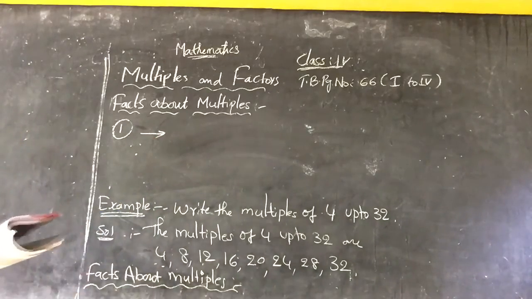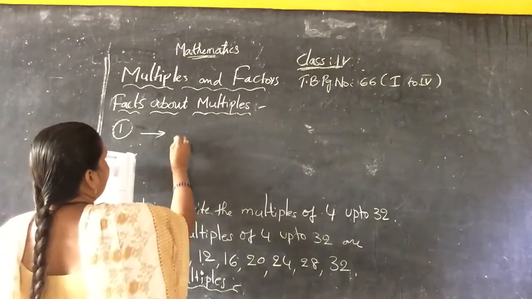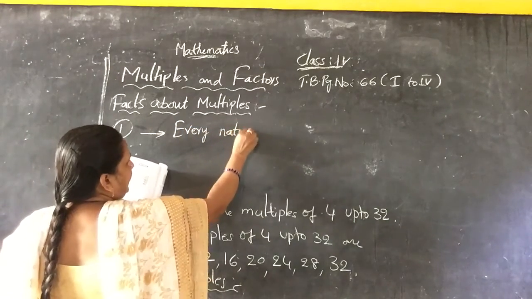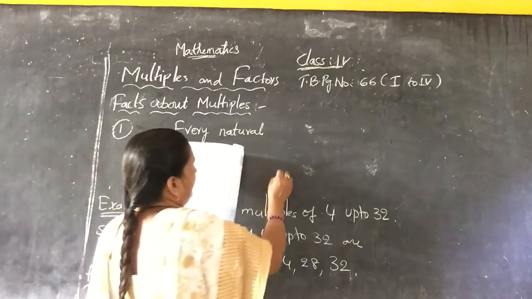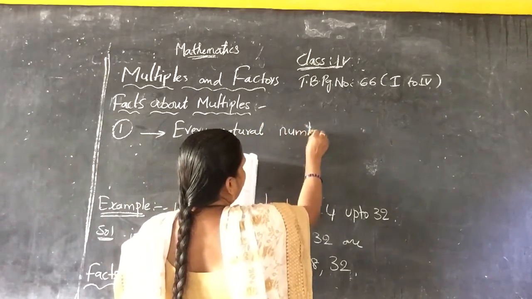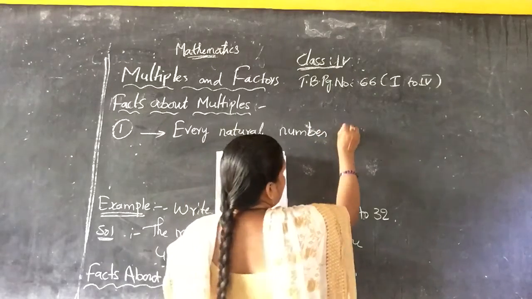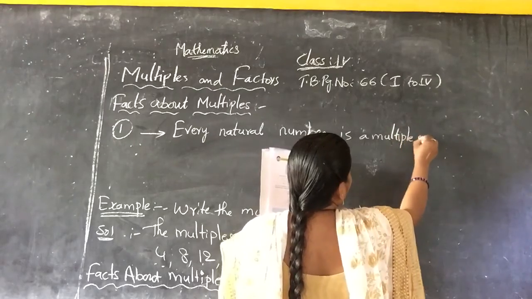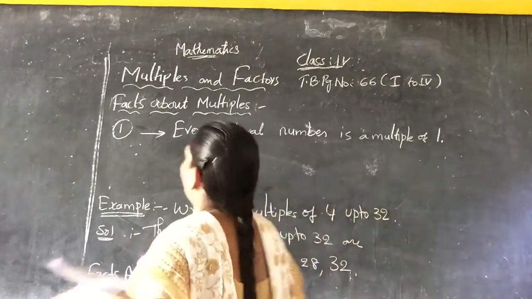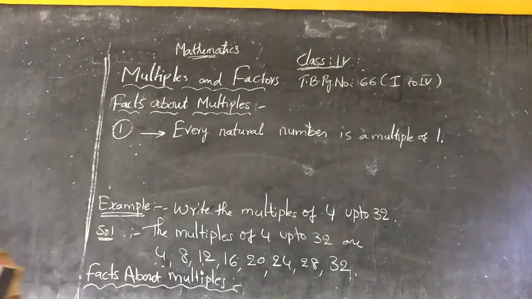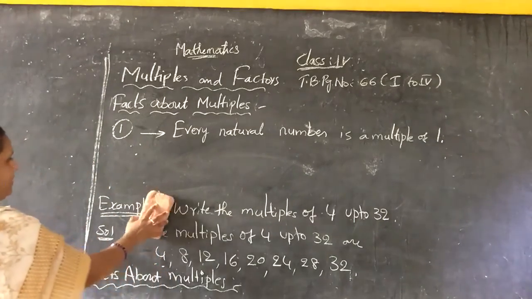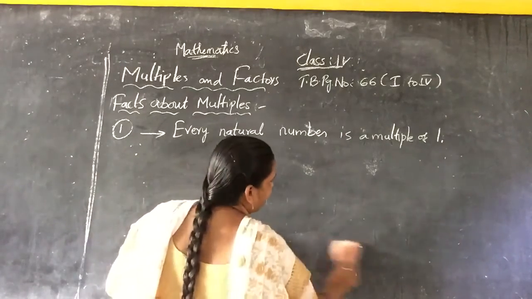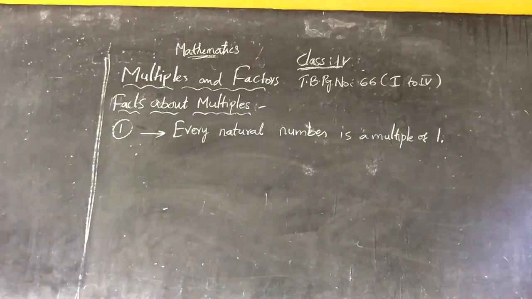Give one small arrow mark and write: every natural number is a multiple of 1. Isn't it? For every number we will start multiplying with the 1 table only. So like that 1 becomes the multiple of every number.